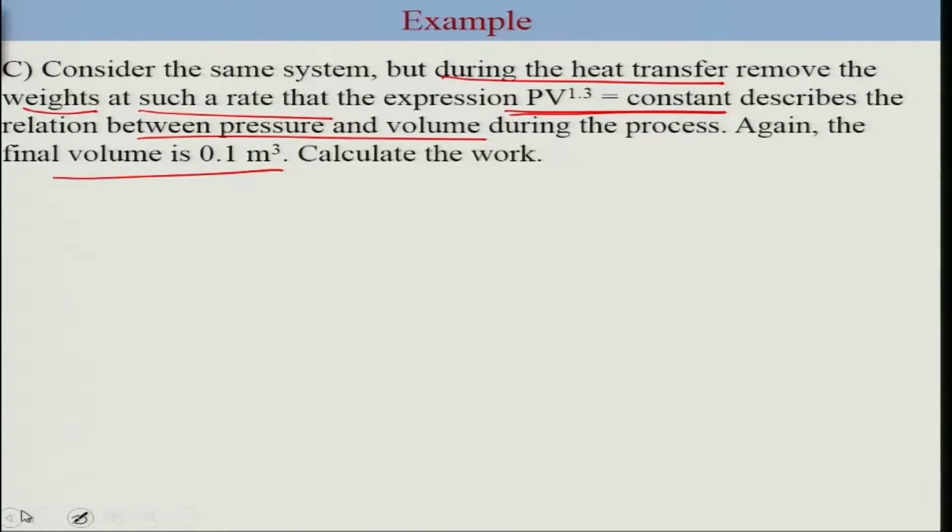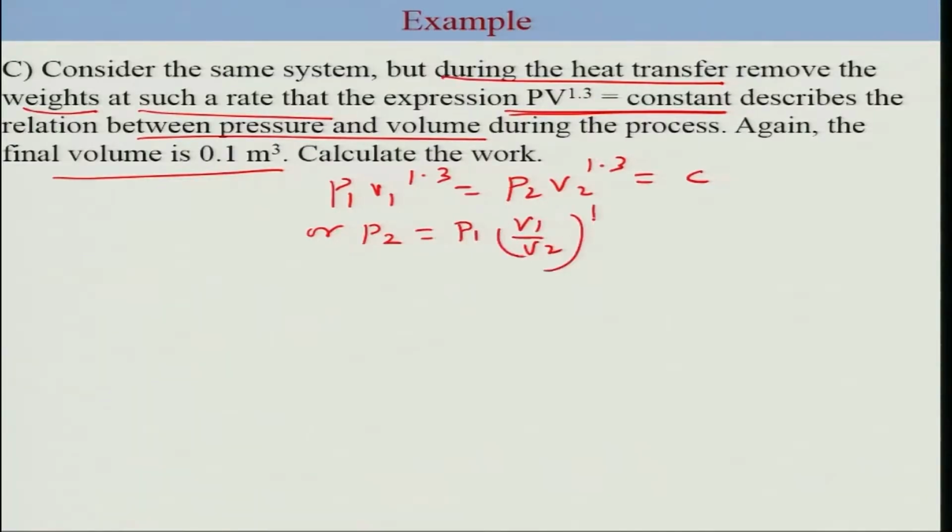We make use of the direct expression of the polytropic process. So this means that we have P1 V1^n is the same as P2 V2^n, which is constant, or we can write P2 is P1 (V1/V2)^1.3. And WB, we have already calculated the expression.